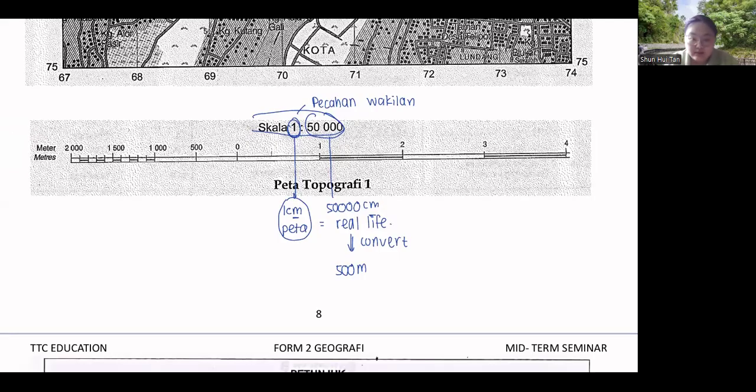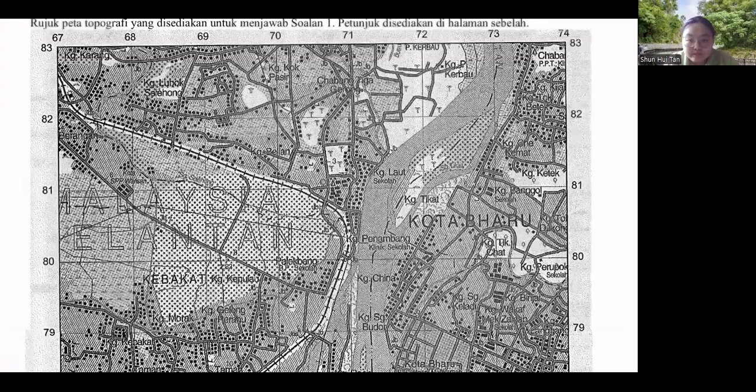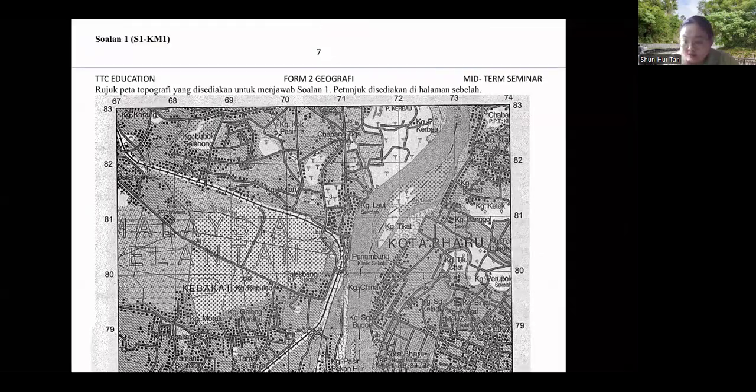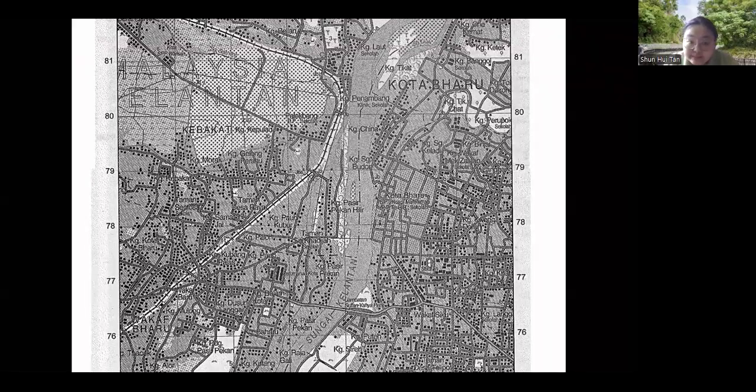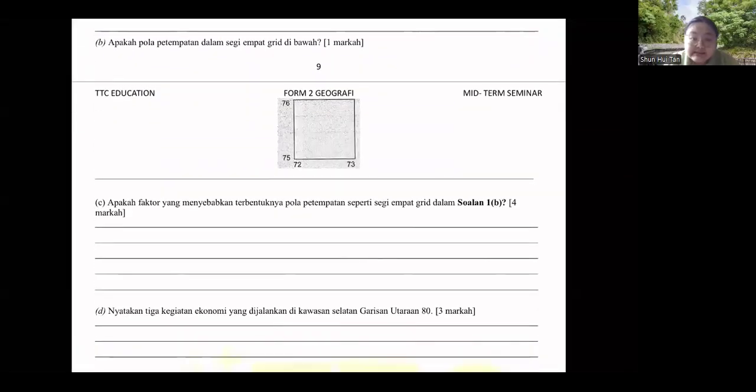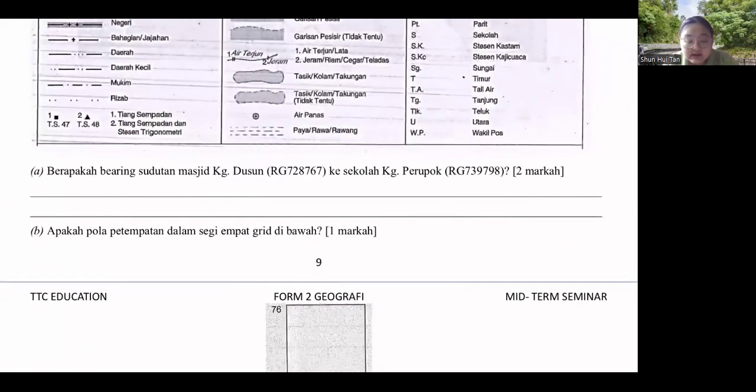Okay, now here. How is the question going to ask? This is the map, right? So they might ask like this. Of course, normally they don't ask bearing sututan, but just to tell you, they might come out with a question like this.